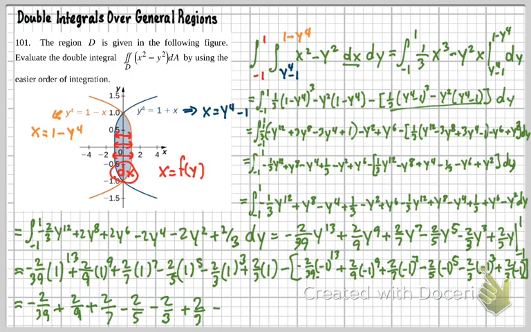So this is just going to be minus 2 over 39. And this is just going to be plus 2/9 here, just because of those double negations. And this is going to be plus 2/7. Minus 2/5.